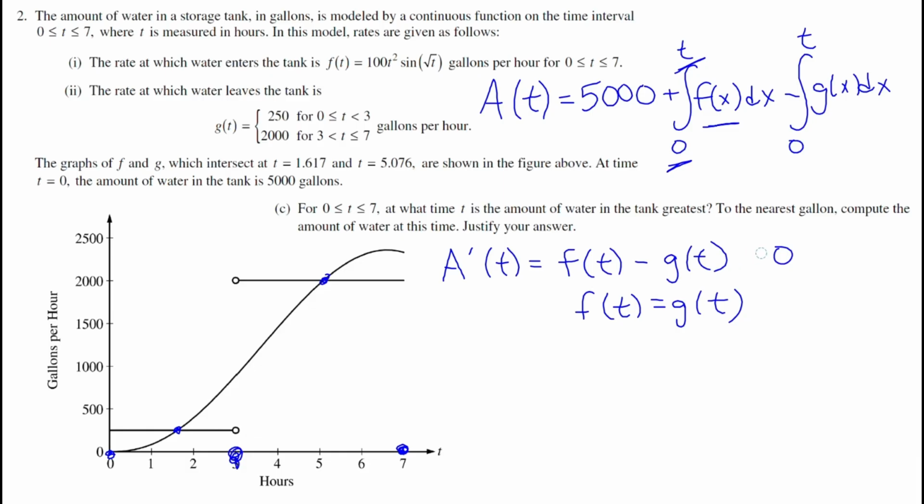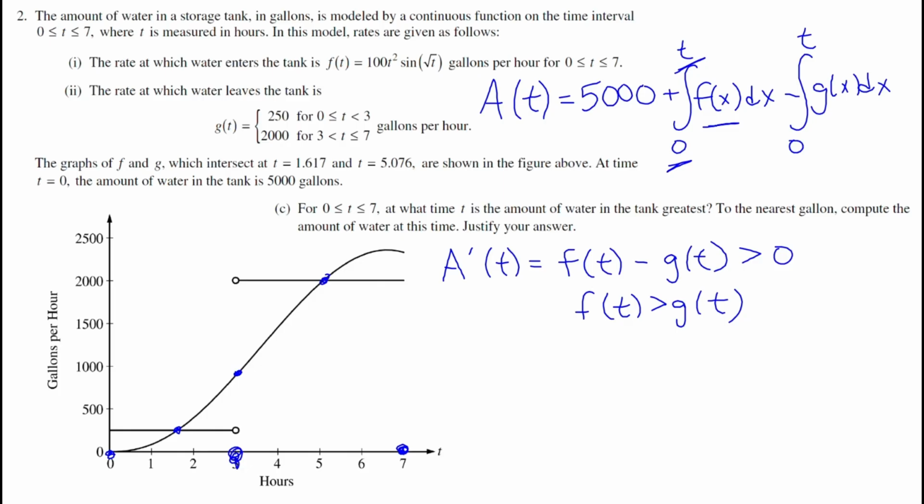And so instead of having an equals here, I'm going to say, when is f of t minus g of t greater than 0? When does it switch signs? So in other words, when does it switch from f of t being greater than g of t to the opposite of that?